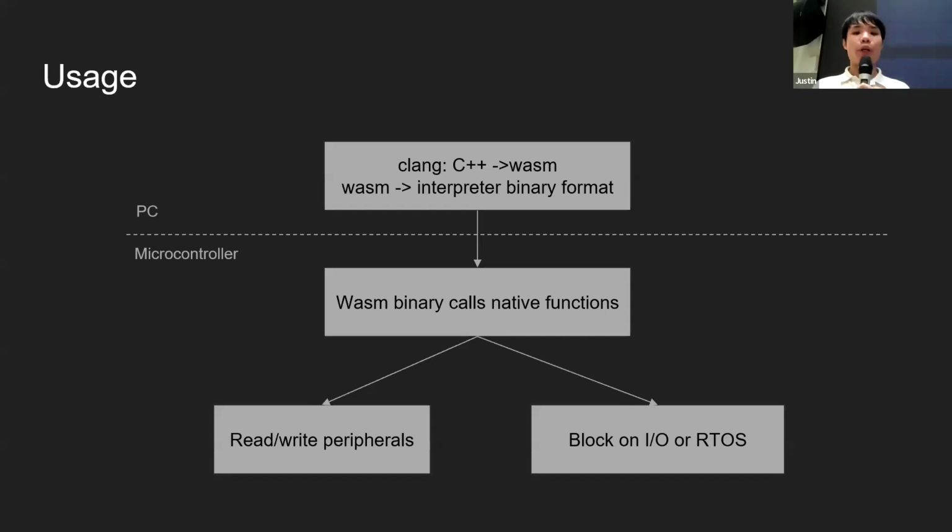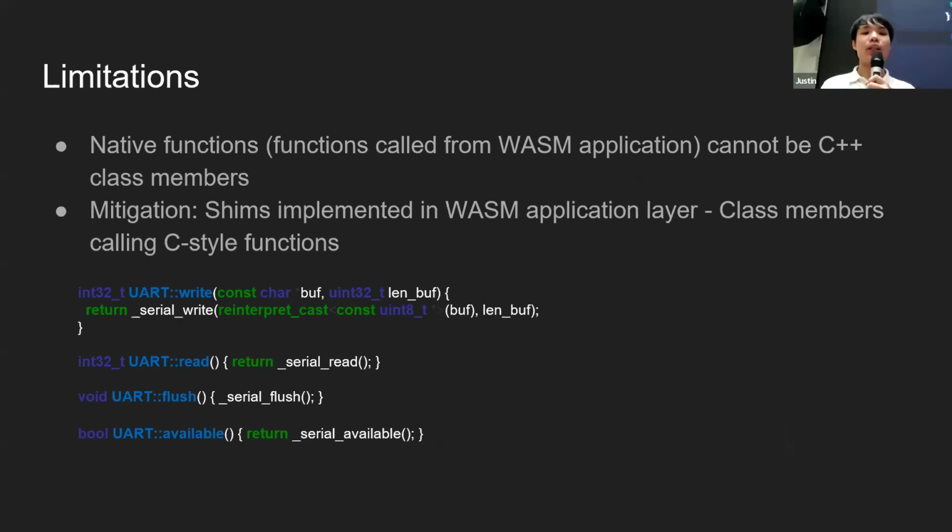So I won't talk about the plus because evidently it works, but I'll start talking about the minuses. One very common limitation, especially through other interfaces like Lua, is that you can't really pass C++ members to it as a native function. So when you want your nice Arduino Serial.write, you can't really do that unless you abuse structs badly. But in this case, my mitigation is to implement the shim in the WASM application layer.